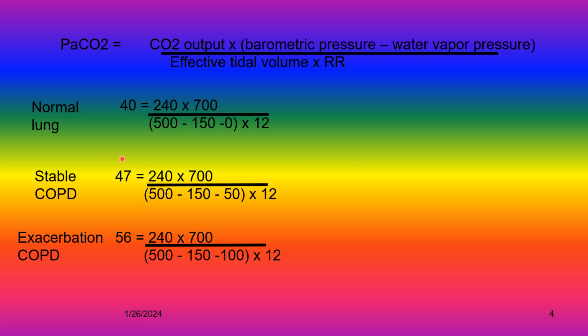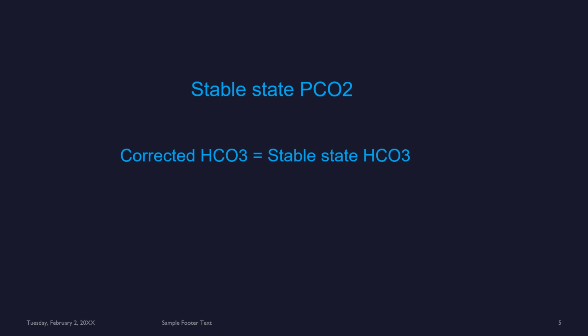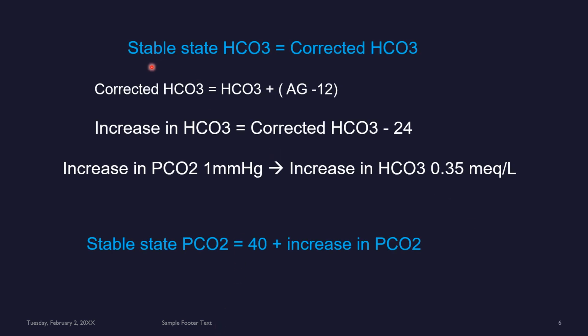How can you estimate or calculate the previous state of carbon dioxide for this patient? To calculate the stable state of partial pressure of carbon dioxide, we have to calculate what we call corrected bicarbonate, which means the stable state of bicarbonate.